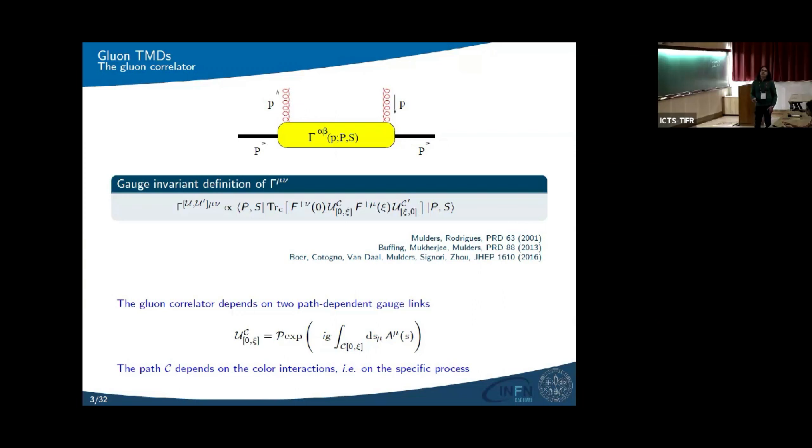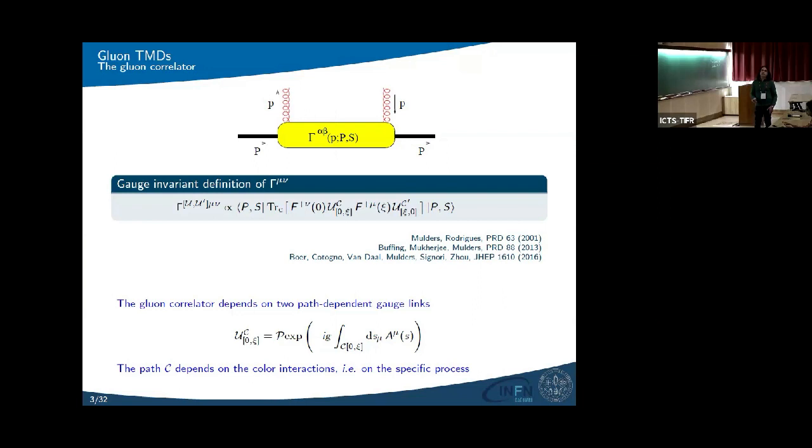If we work in the fundamental representation, we need two of such objects. Unlike quark TMDs, which depend on only one gauge link, gluon TMDs are more complicated because in general you need two of them.